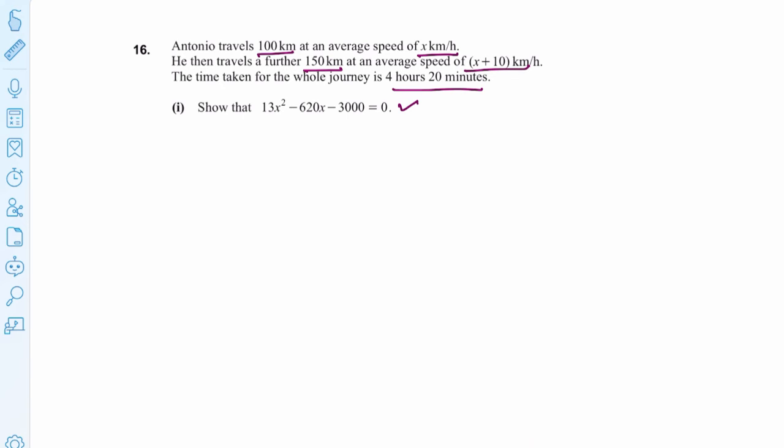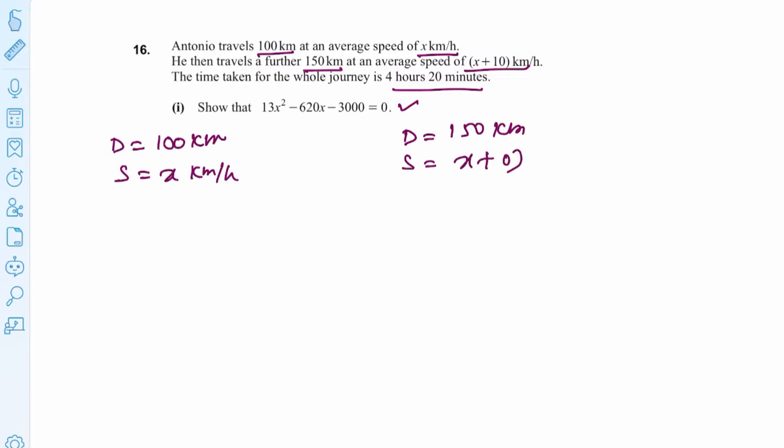Basically two data are given. One distance is given 100 km and speed was given x km per hour, right? Other distance is given 150 km. Speed is given x plus 10 km per hour.